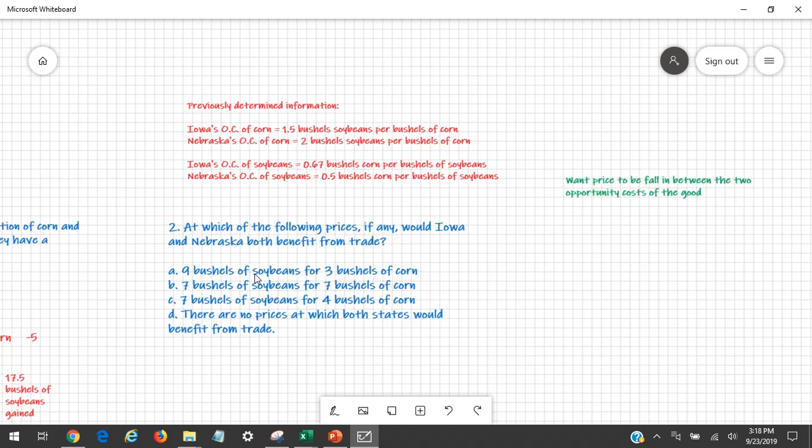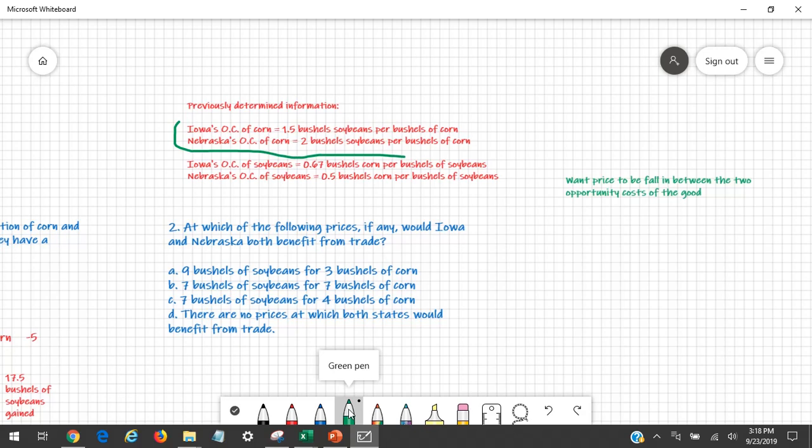In other words, they're giving me soybeans over corn, which is the opportunity cost for corn. Because remember, the opportunity cost is always given in terms of the other good. So if I look up here at my opportunity cost for corn, see how those match or are similar in form to my answer choices? It's bushels of soybeans per bushel of corn.